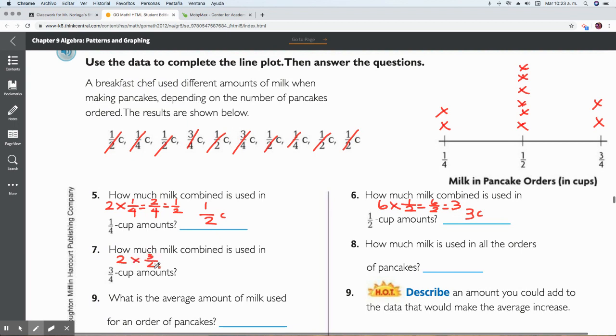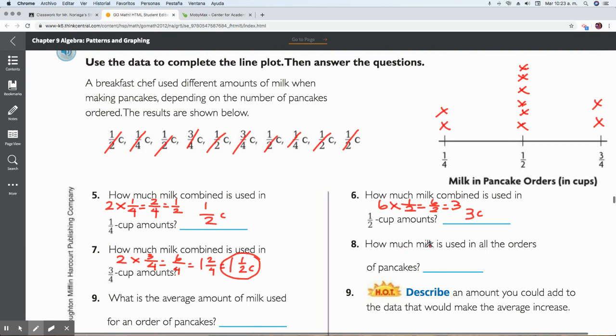What is 2 times 3/4? 2 times 3/4 equals 6/4, or 1 and 2/4, or 1 and 1/2. So 1 and 1/2 cups would be the answer.